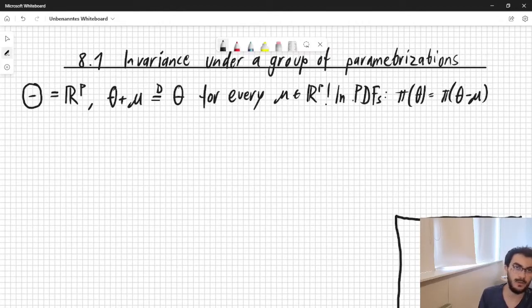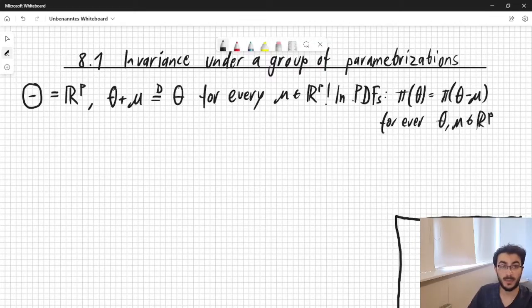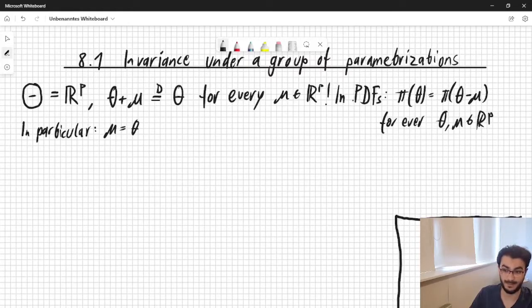This should be equal to pi of theta for every theta and for every mu. In particular, this must hold in the case that mu is equal to theta. But this implies that pi of theta is equal to pi of 0 for any theta.